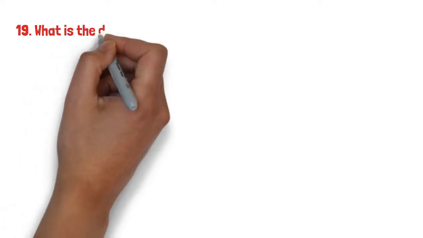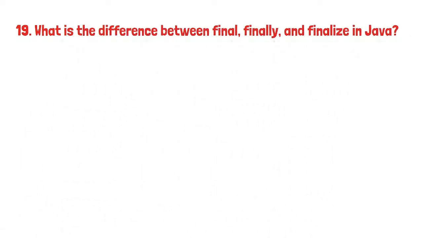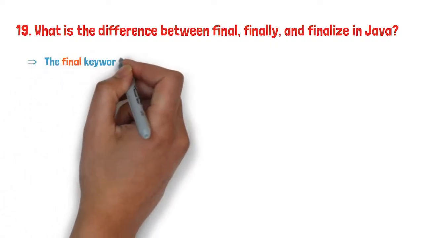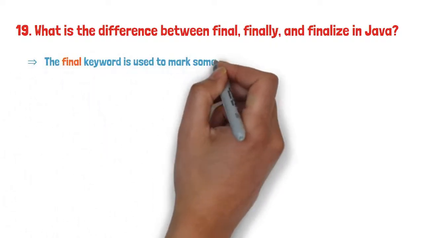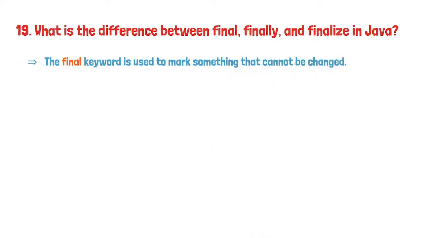Next question is what is the difference between final, finally, and finalize? We will see a more detailed video in shorts, but here we will see the final keyword is used to mark something that cannot be changed, like a final int where we have defined a maximum value of 100.